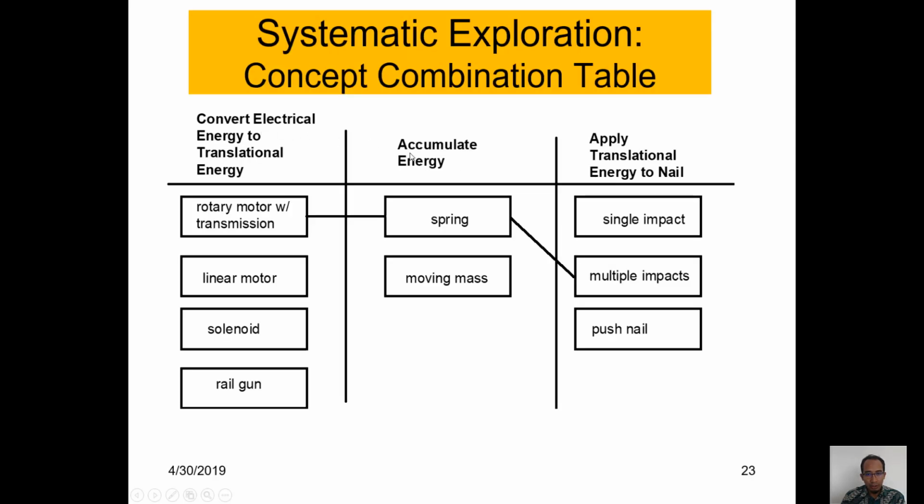So we will have here convert, accumulate, and apply in these columns. For converting electrical energy into translational energy, we have different ways like rotary or linear or solenoid or railgun. And for accumulating energy, we have spring or moving mass. And for applying energy to the nail, we have single impact, multiple impacts, or pushing the nail. So by looking at or making this table, we can think of different types of combinations as we are exploring the alternatives systematically.